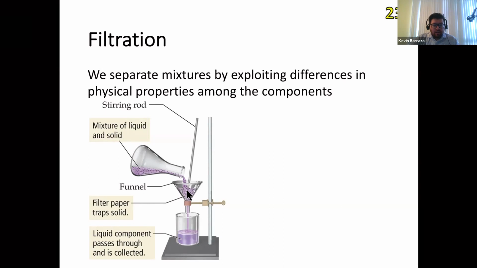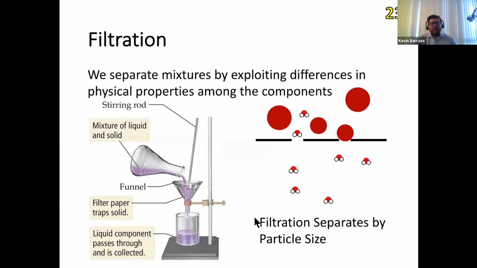And so it requires a funnel and a funnel paper to be the barrier. What we're going to do is the paper is able to distinguish two different kinds of particles based off of size. Large solid particles are not going to be able to pass through, but water molecules are small enough to go right through the paper.